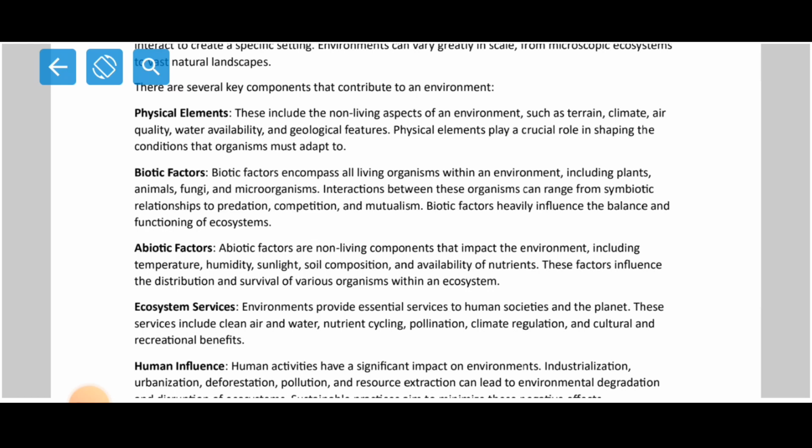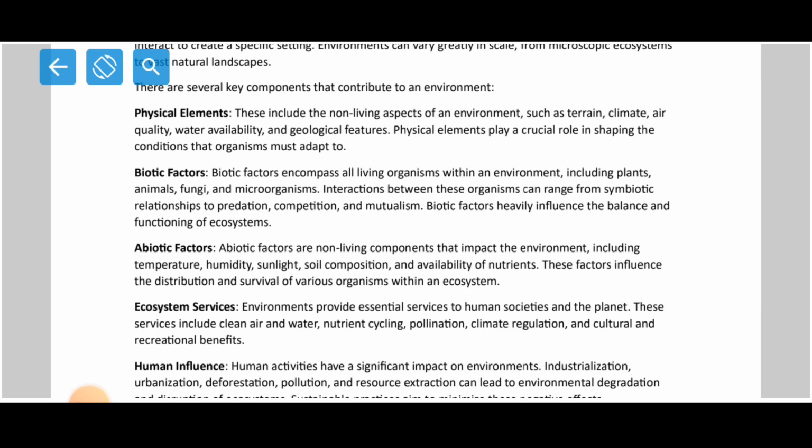So biotic factors means all the living beings, from humans to animals to microorganisms to fungi. There is interaction between all these different types of organisms. There are different modes of nutrition, like symbiotic relationships between organisms, in which both organisms obtain their food without harming each other.